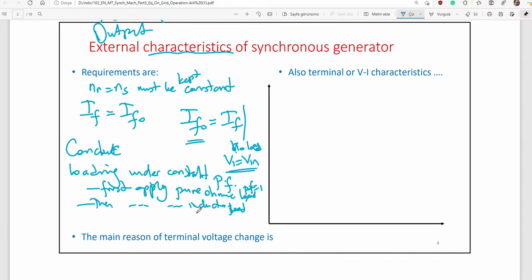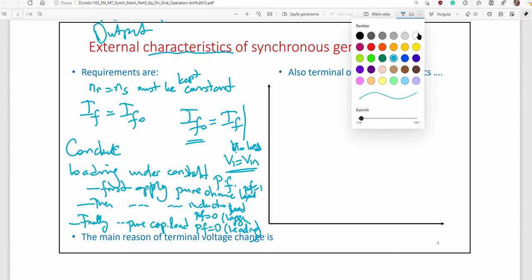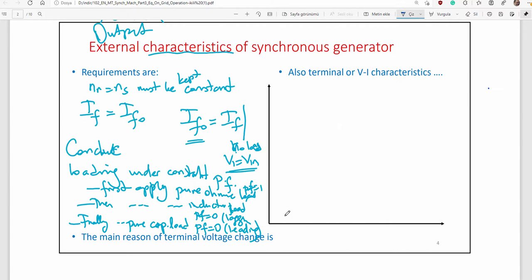In the second case, power factor is 0, lagging. As a third case, finally, apply pure capacitive load, again having a power factor of 0, which is leading. Current is leading. So repeat the experiment at least 3 times.